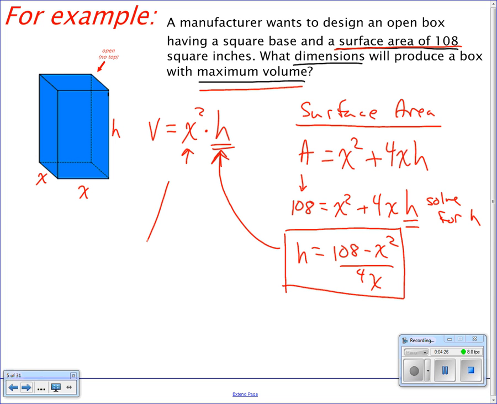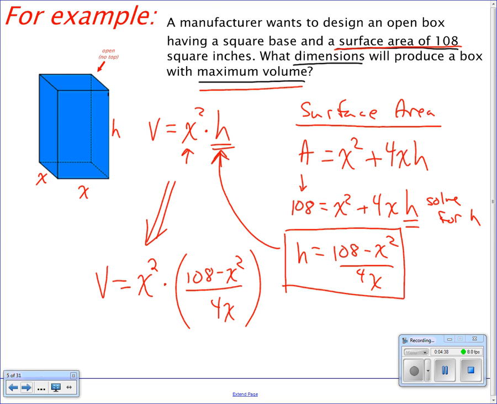That will give me, way down here, that the volume is x squared times h, which is now 108 minus x squared over 4x. Probably a good idea to do some simplification before we try to take the derivative. I can cancel that x with one of the two in x squared, and then distribute this x to each of the terms here, thus creating a polynomial.